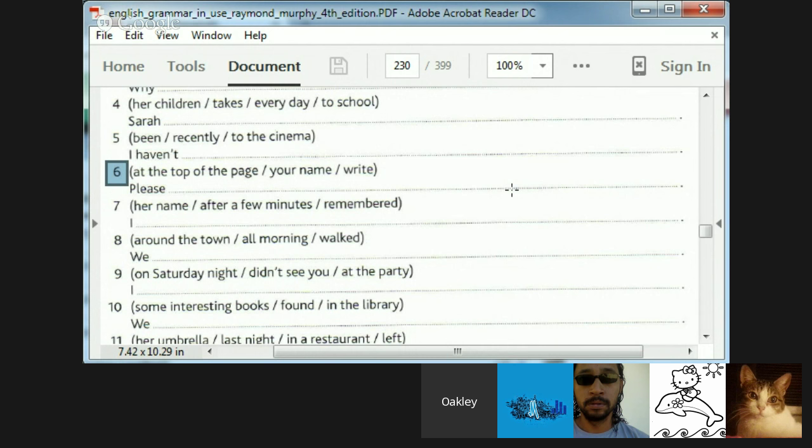In written instructions, for example, during some kind of formalized test, you may see at the top of the page, comma, write your name. Please write your name and whatever, test number. So, strangely, a little more formally, yes, you can put this place phrase first. It is possible, actually, but it sounds a little more formal.